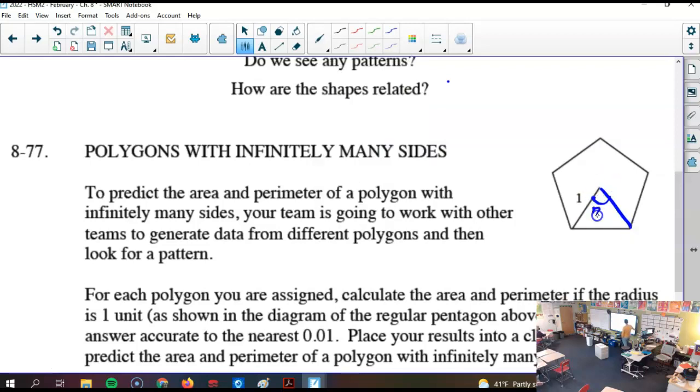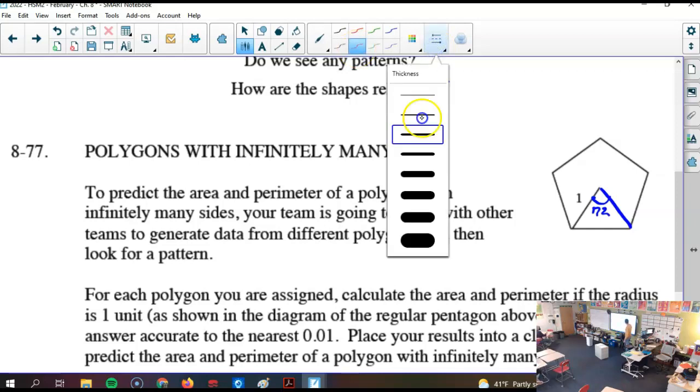So you said this is 72, but we don't even really need that. If we cut that in half, the 36 is what we need. So you could have really just divided by 10, which would have been a quicker way.